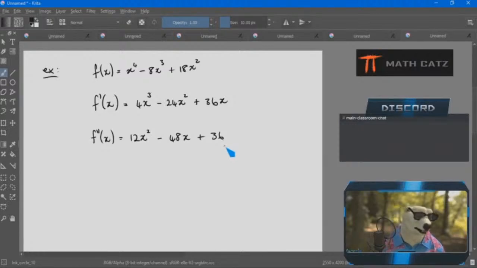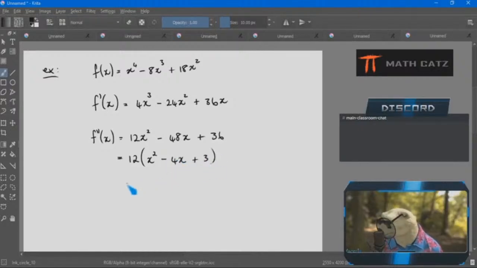There's going to be a lot of similarities between step 3 and step 4, except the function that I'm using my table for is different. It's going to be this guy, which means I need to clean him up. I can only do the table for multiplication or division, not addition and subtraction. Well, at the very least, let's take out a 12 and give myself a fighting chance for this factoring. That means I have x squared left, and I have a minus 4x and a plus 3. Okay, that looks way better.